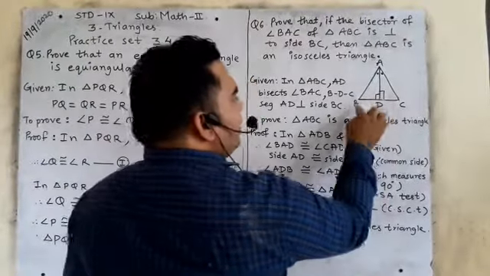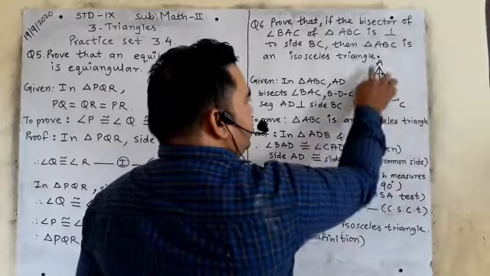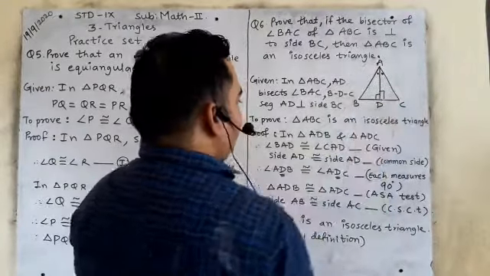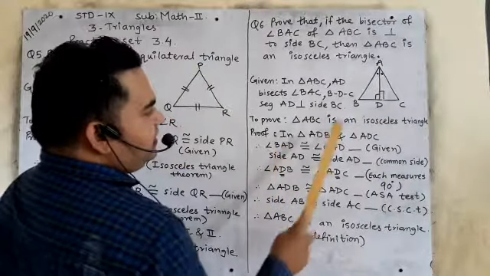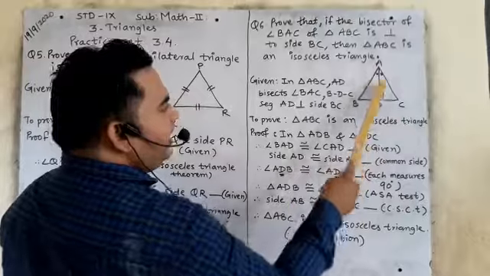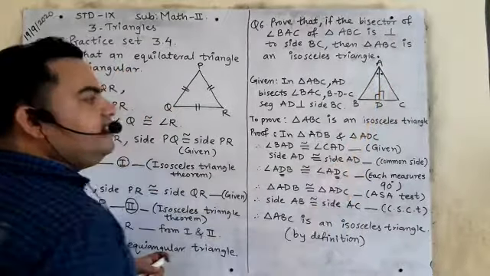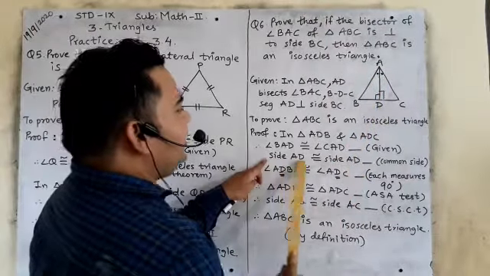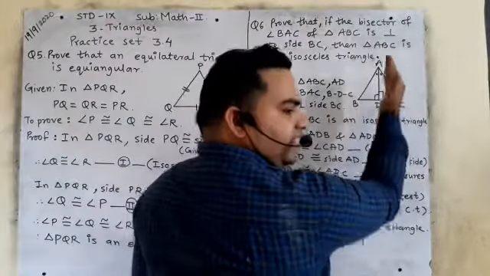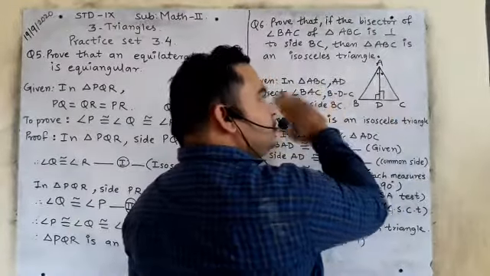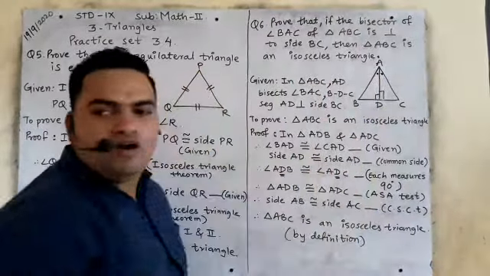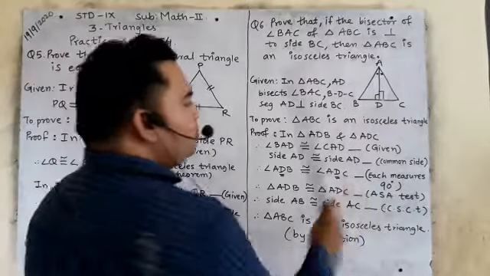Therefore, angle BAD is congruent to angle CAD, because this is the angle bisector. Now side AD is congruent to side AD. AD is the common side, which is in this triangle also and in that triangle also. Yes, AD is the common side.